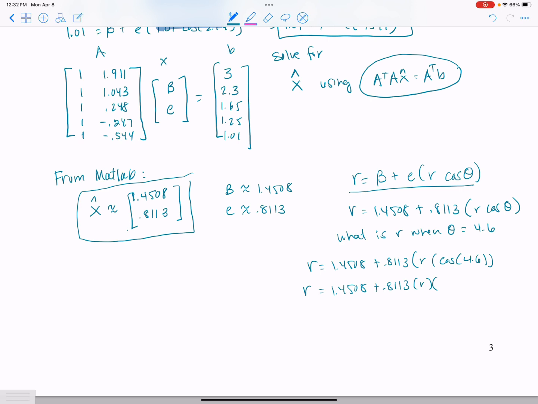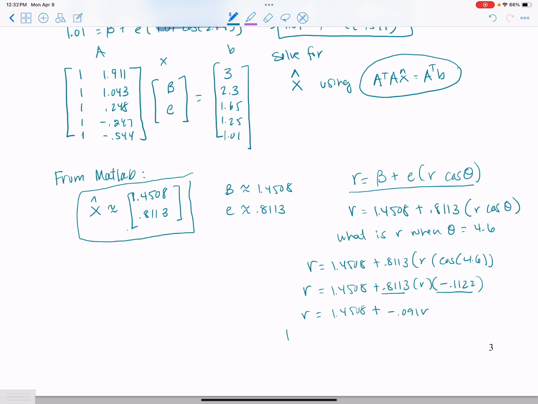Cosine of 4.6 is negative 0.1122. When I multiply these two together, I have r equals 1.4508 plus negative 0.091 r.